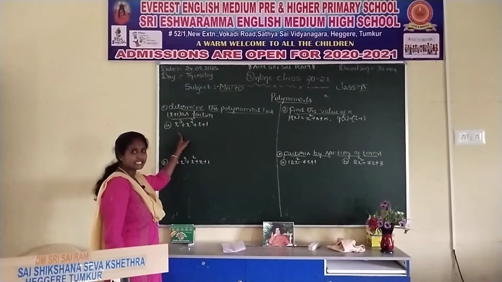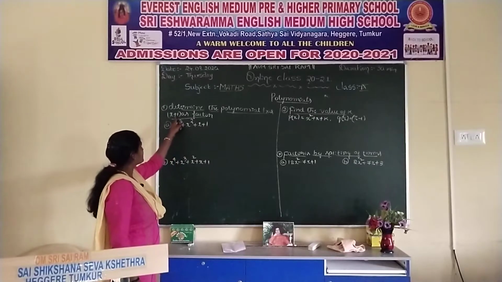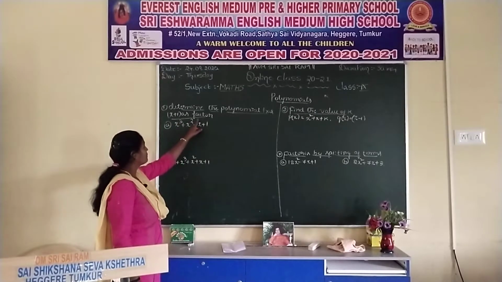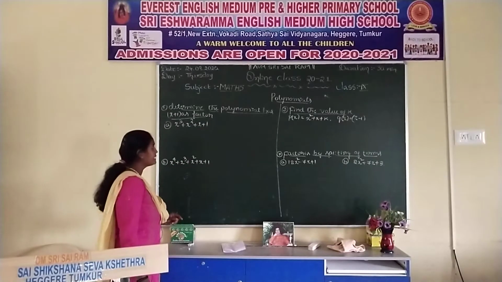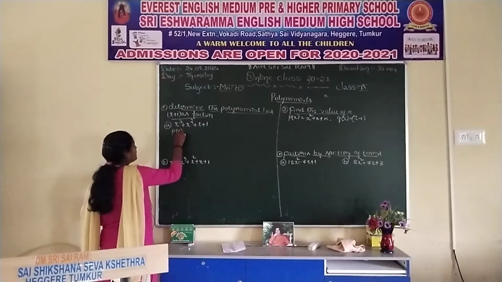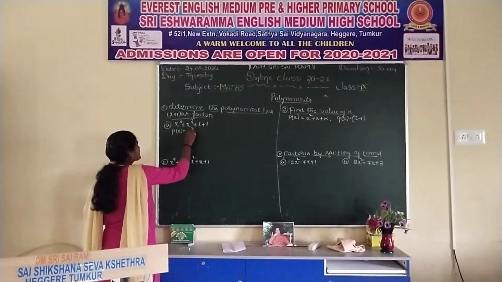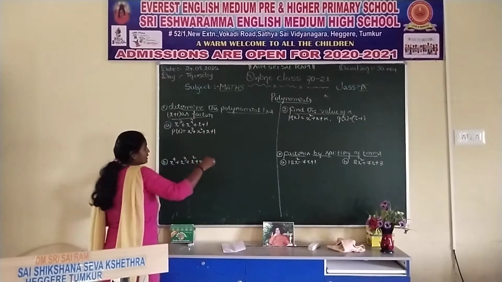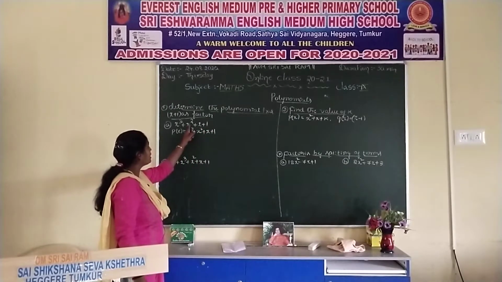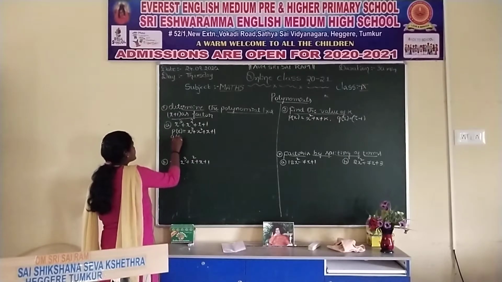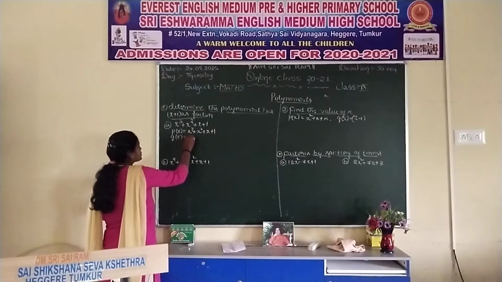Consider p of x is equal to x cube plus x square plus x plus 1. You consider this polynomial as p of x and g of x is equal to x plus 1.